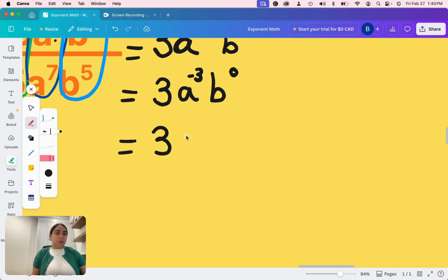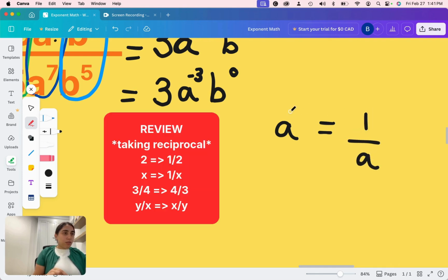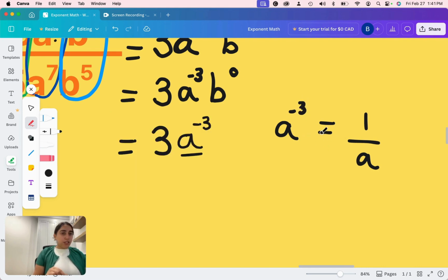So the negative exponent law is this. A to the power of negative n equals 1 over A to the power of n. Again, just mind you that there's an equal sign here, so these two are equal to each other.